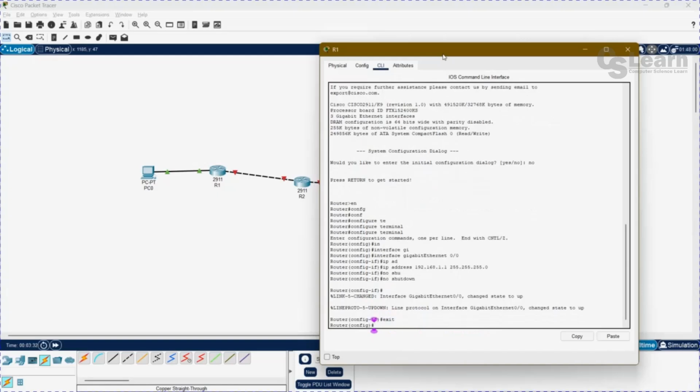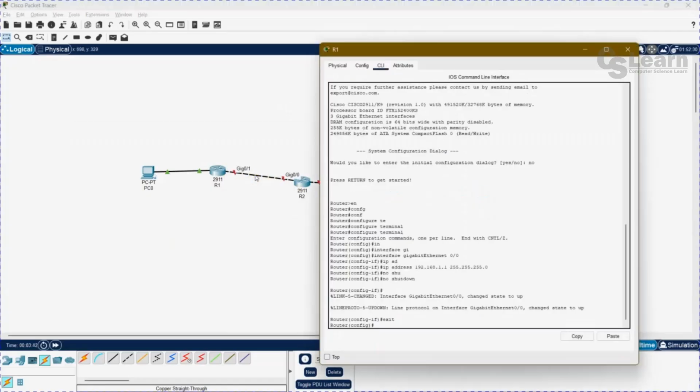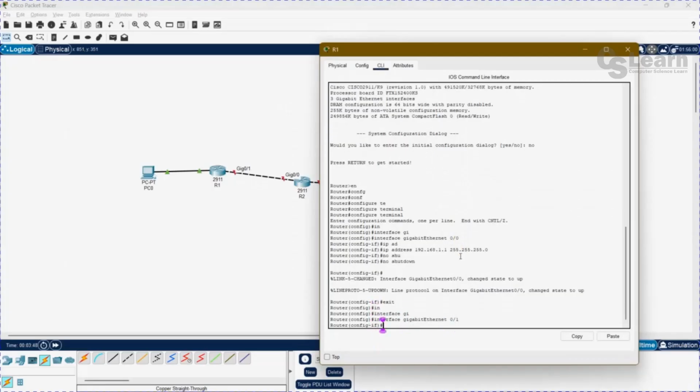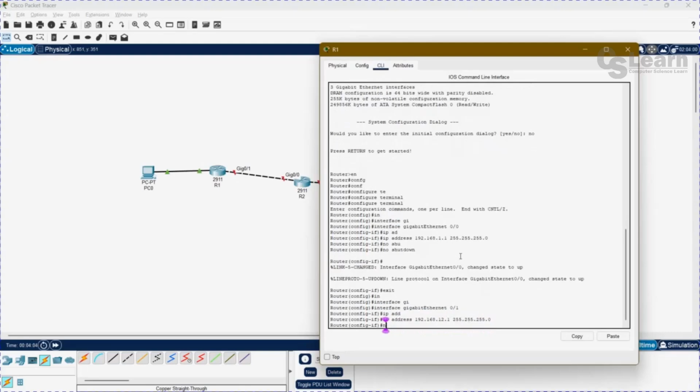Exit. Now again configure this interface. What is the interface of this? 0/1. So interface gigabit Ethernet 0/1, IP address 192.168.12.1, 255.255.255.0. No shutdown.